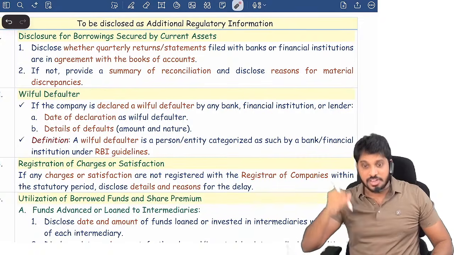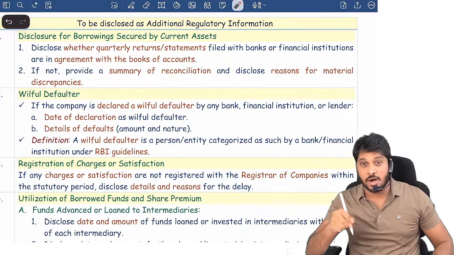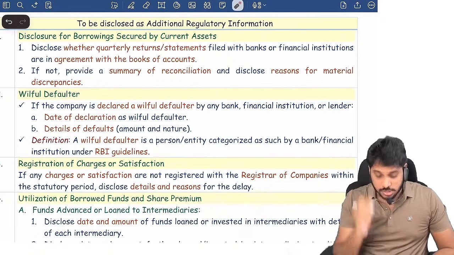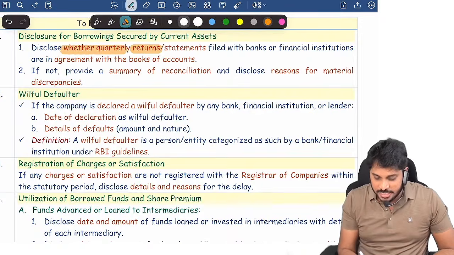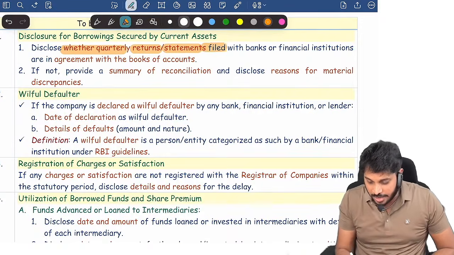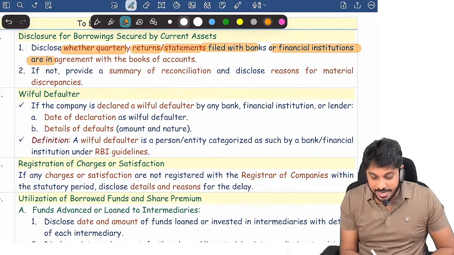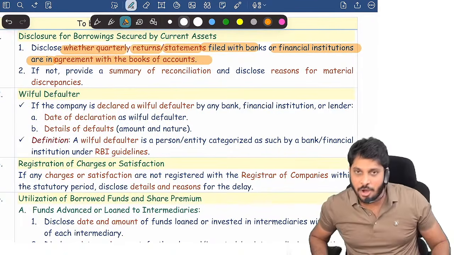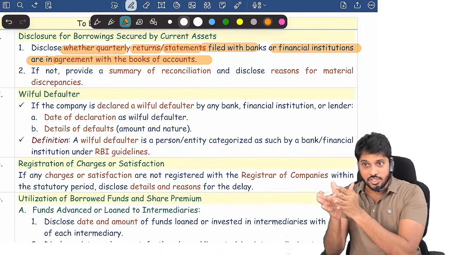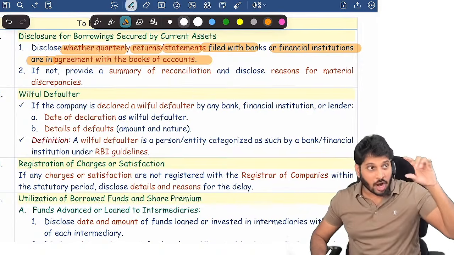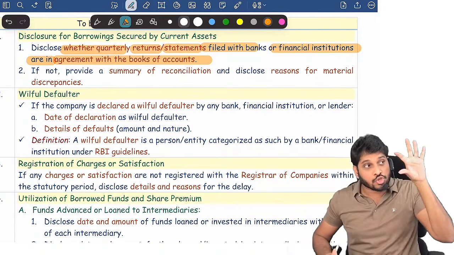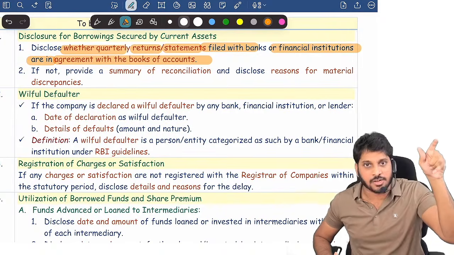Today, board of directors have to clearly tell in the notes to accounts whether quarterly returns, quarterly statements filed with the banks and FIs are in agreement with books of accounts. In books of accounts, what is your current asset and liability, and what is the amount that you showed within the documents filed with the banker?